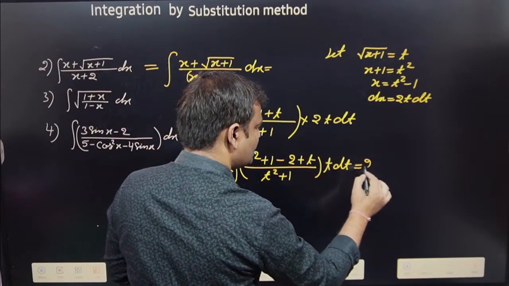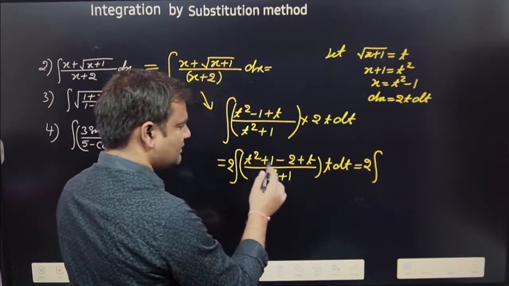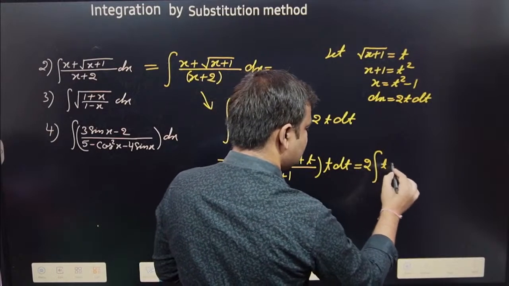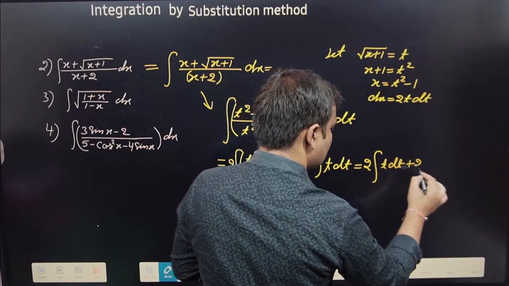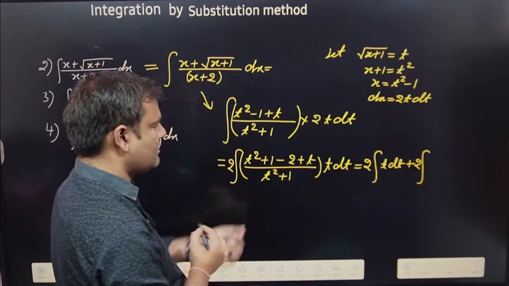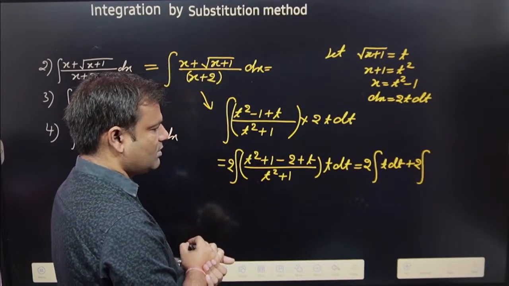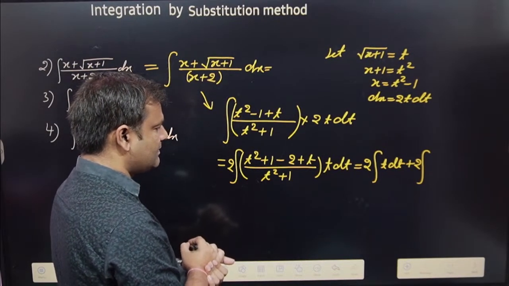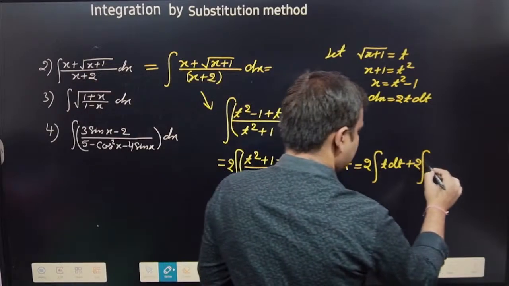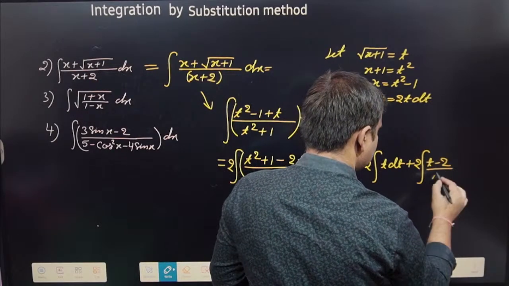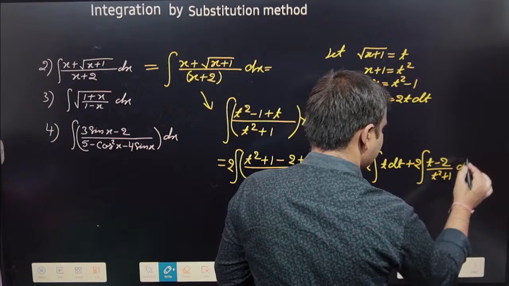After that, 2 times this one written t dt plus 2 times (t minus 2) divided by t square plus 1 dt.